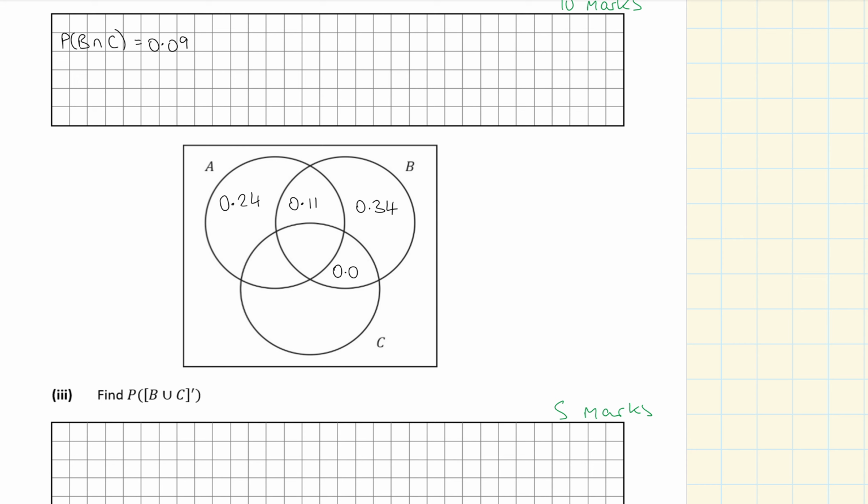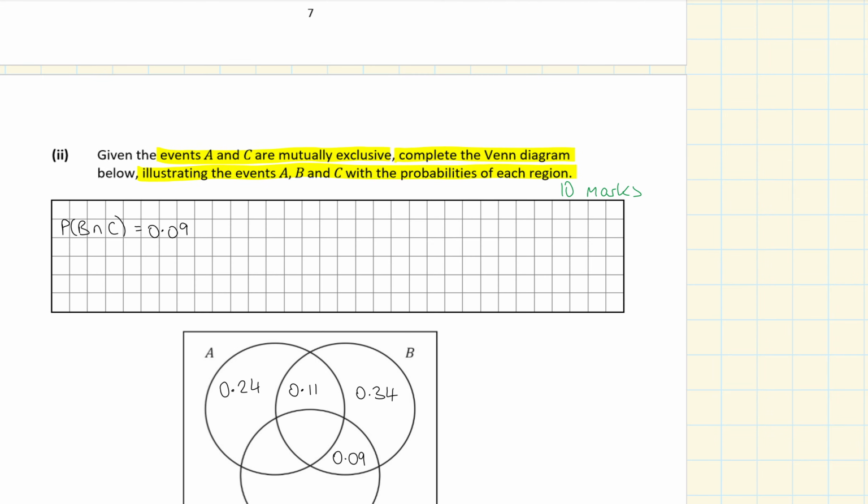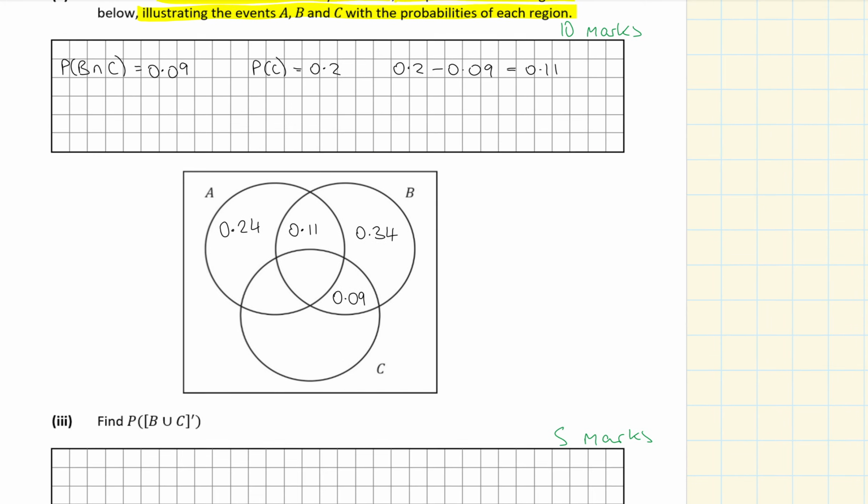So that'll sit here. They tell us the probability of C is equal to 0.2, so we need C only. So we subtract 0.09, we get 0.11.